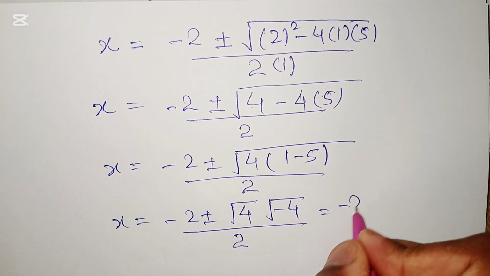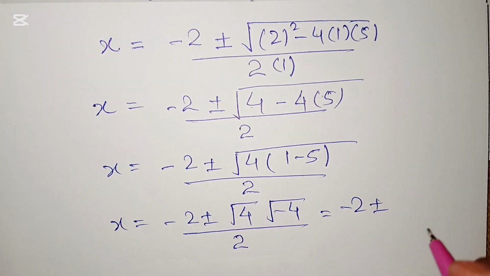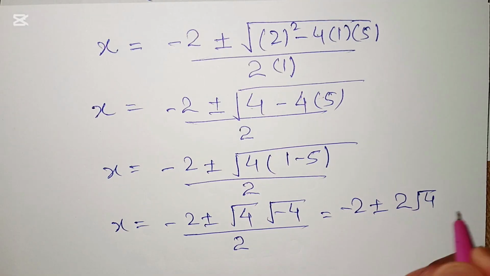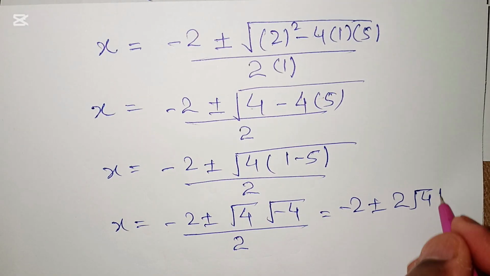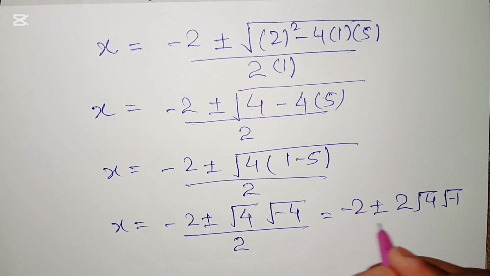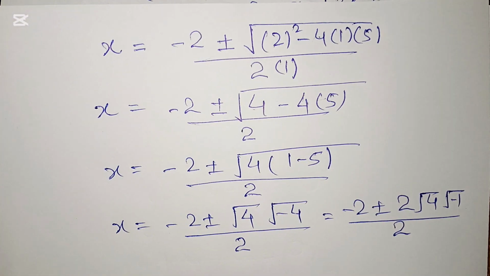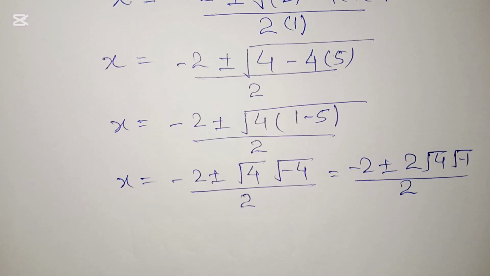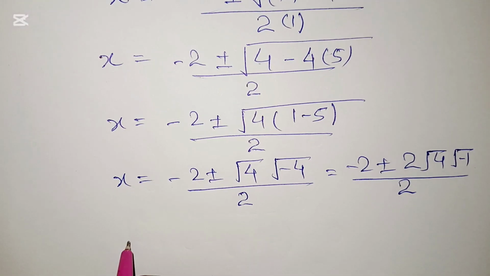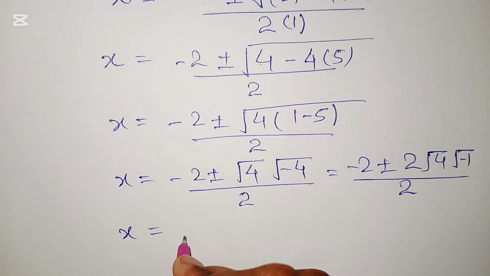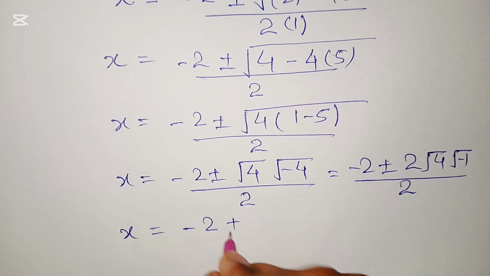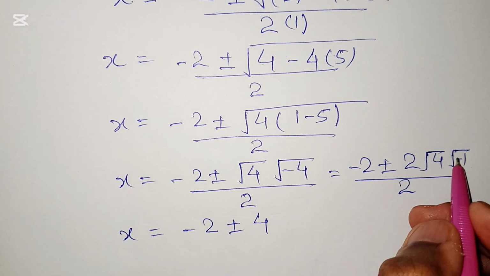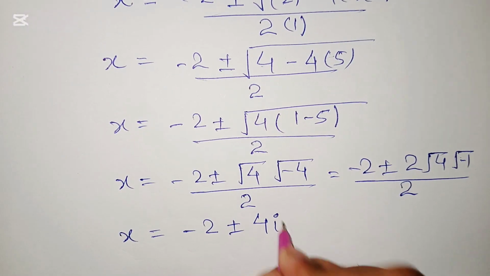Which is equal to -2 plus minus, what is square root of 4? It is 2, and this can be written as square root of 4 and square root of -1, over 2. So x will be equal to -2 plus minus 2 into 2 is 4. Square root of -1 is iota.